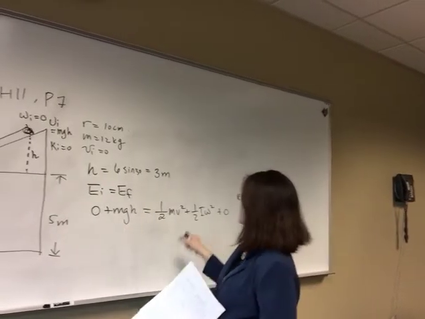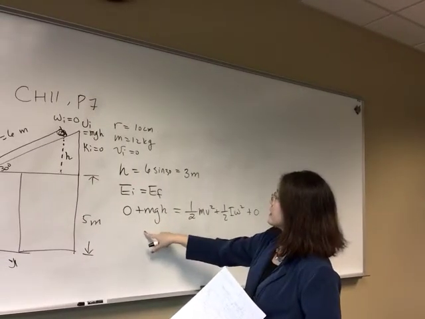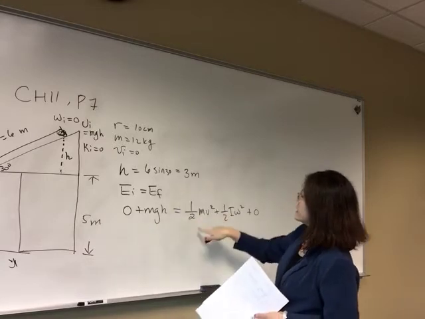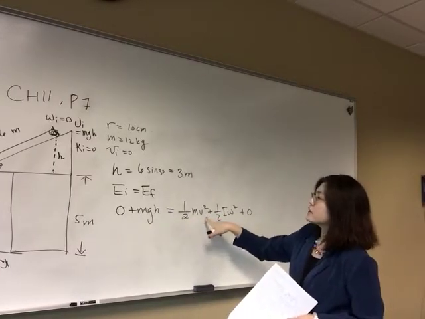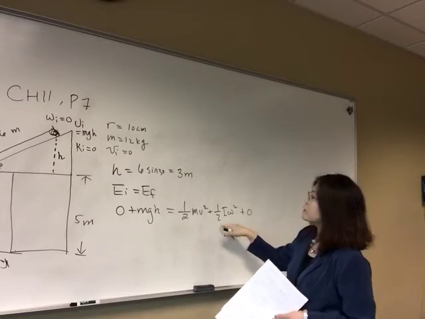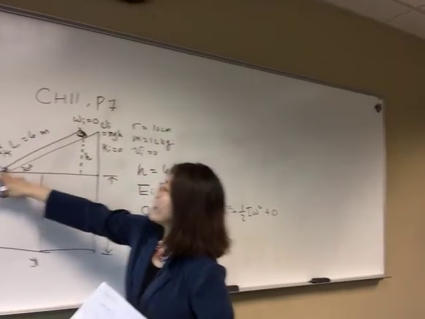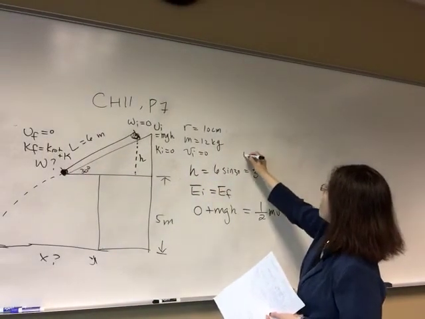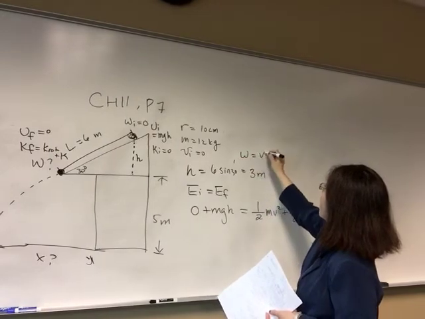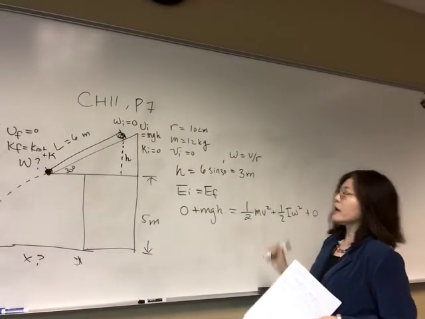So from this, the mass is given, the height we already calculated, and v is the final velocity, and this is omega. So what is omega? The omega and v differ by the radius.